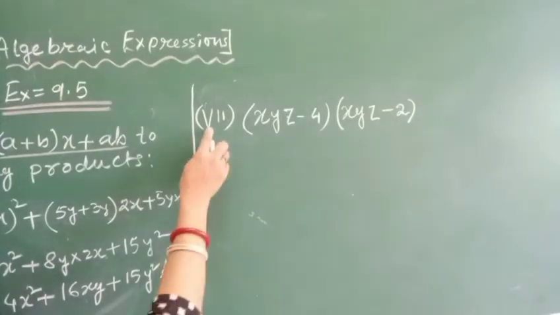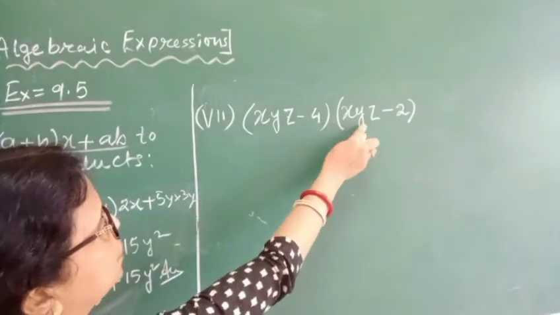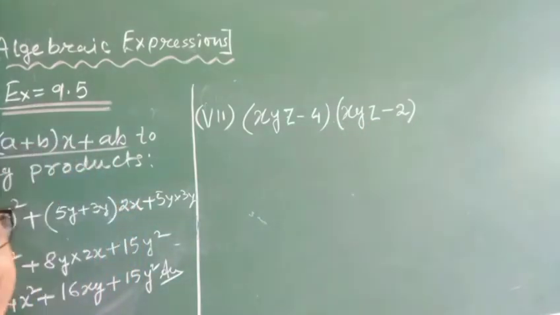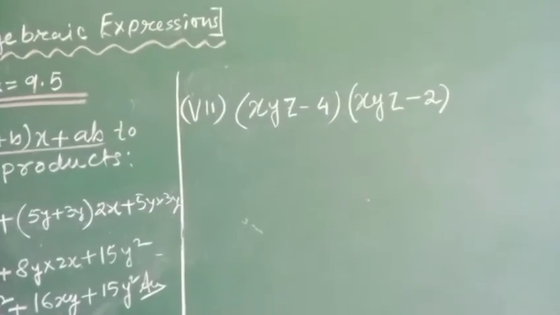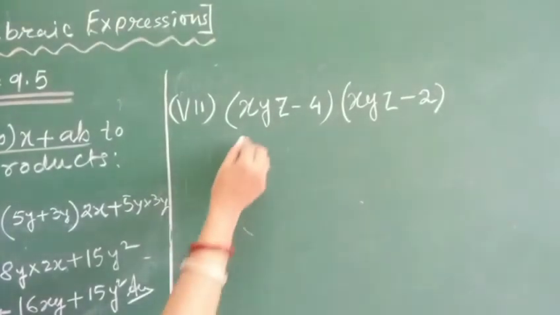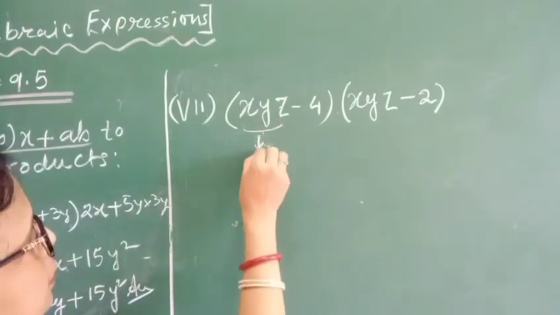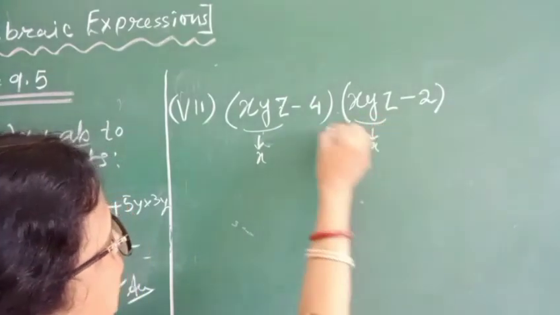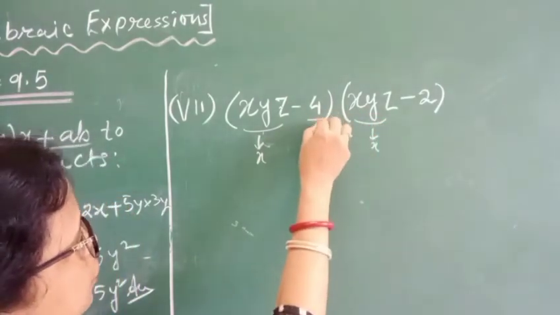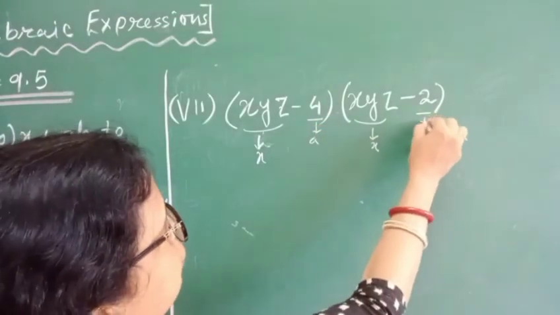Now, question number 7, xyz minus 4 into xyz minus 2. So what will we do now? Here we will use xyz as x, and this one also we will use as x, that means this one is also x, and this minus 4 we have to use as a and minus 2 we have to use as b.